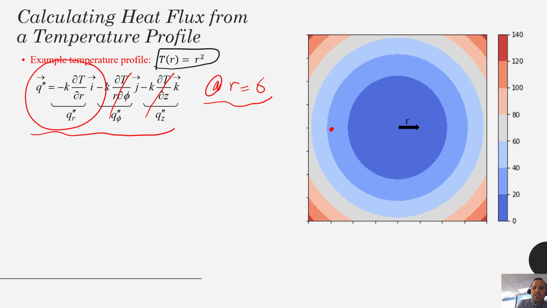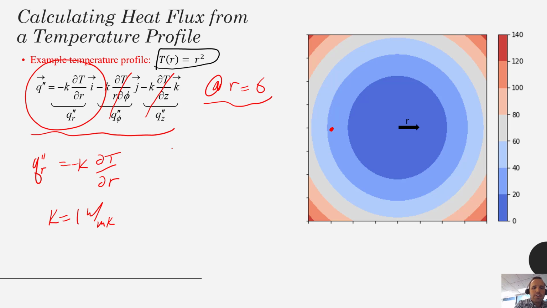So if we want to calculate the flux at this red dot, we have Q_r equal to minus k dT/dr, and we were going to use a k of 1 watt per meter Kelvin, just like we did in the previous video.